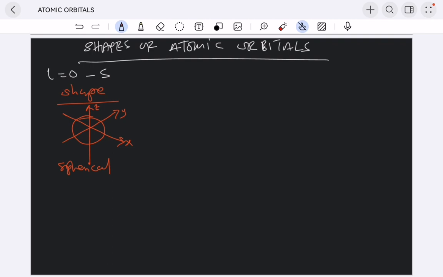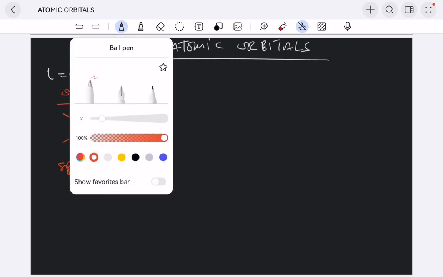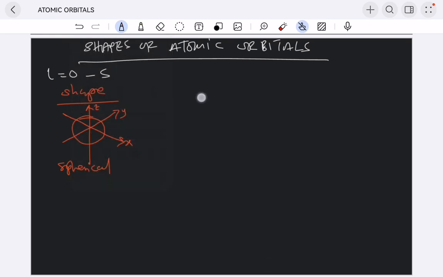Then when L is less or equal to 0, we said we have 1s, 2s, and 2p.